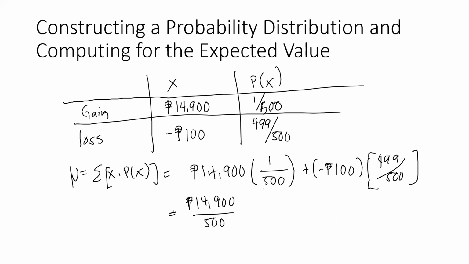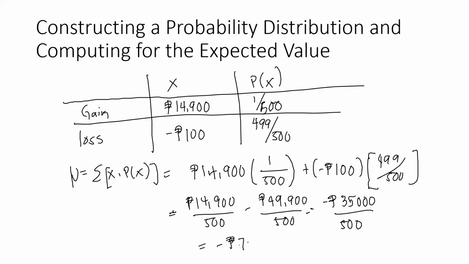Then what we are going to do next is 499 times negative 100. So it will become negative 49,900 over 500. So we're going to subtract this all together. Then it will become negative 35,000. Then we're going to divide it with 500. So what we are going to do is divide. Then the answer is negative 70 pesos.